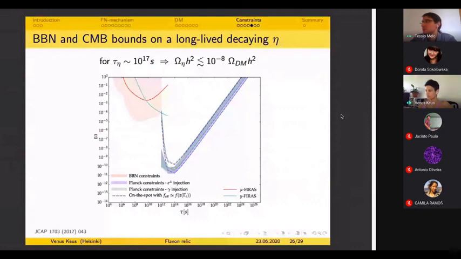In that case, you don't get the abundance bound on the hot relic anymore, and you could have a larger abundance of it. But I don't know what the current status is on that. People must have looked into it, but I should look it up. It's a completely different scenario.